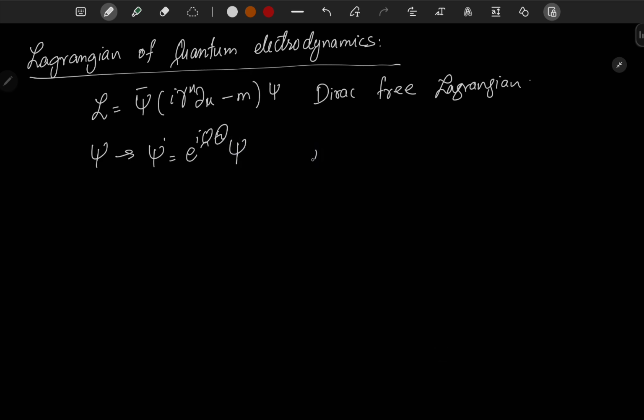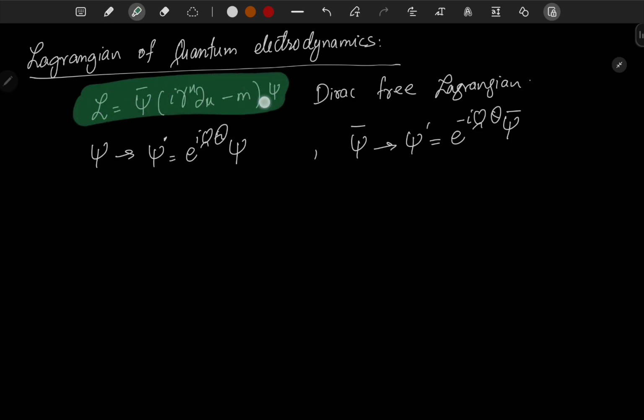Psi and psi bar transform like this. So if we have a transformation law like this, then this Lagrangian right here is invariant under the global phase transformation.